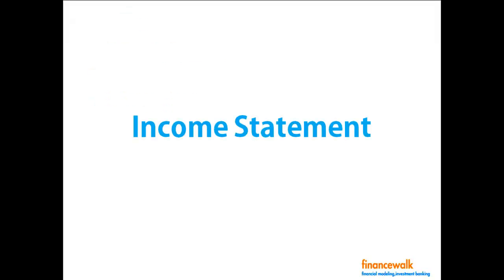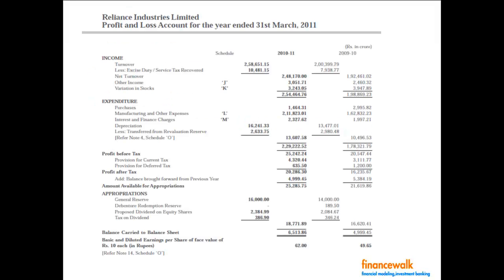We'll start with the income statement first. This is the profit and loss account, or income statement, for the year ended 31st March 2011 for Reliance Industries Limited, one of the leading companies in India. Starting from income, the revenues, it has given turnover, then excise duty, net turnover, other income, and variation in stocks.